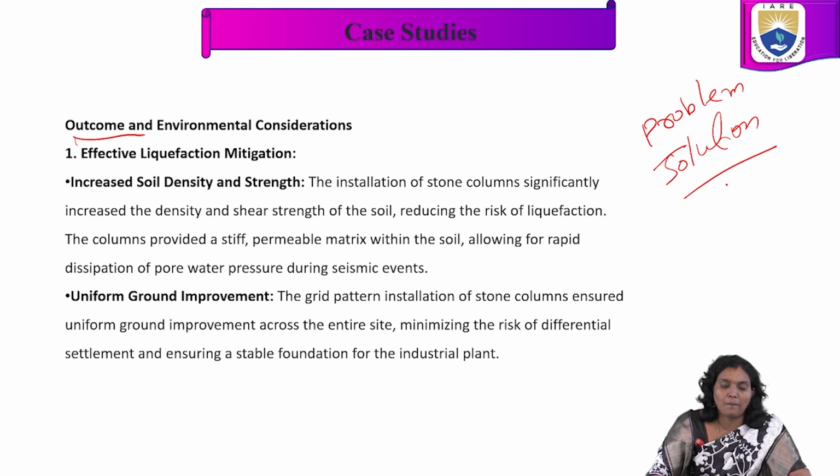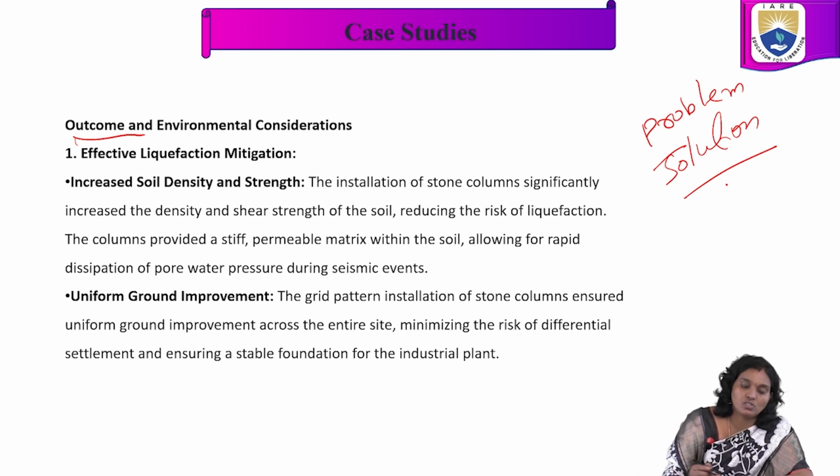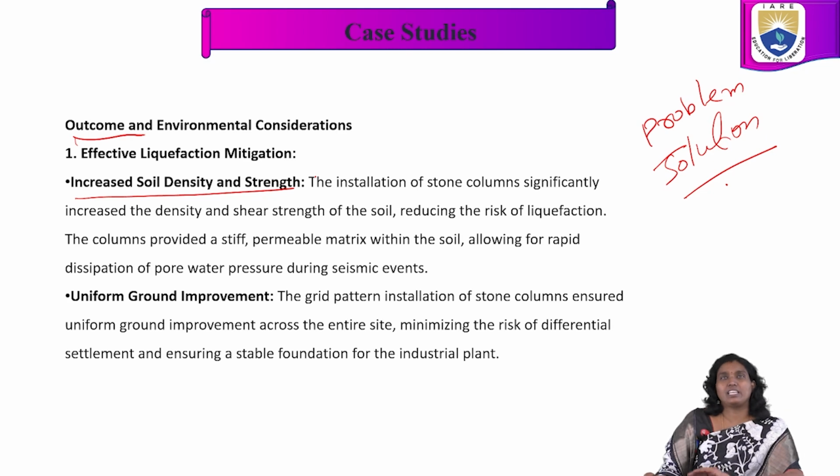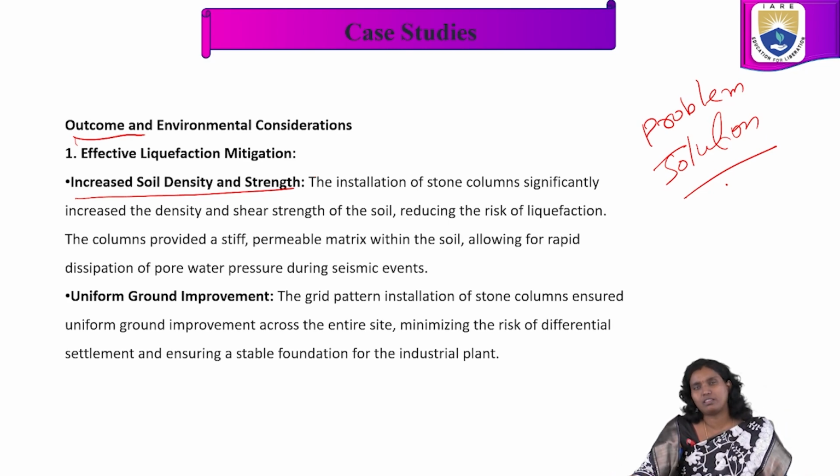Here the outcome is effective liquefaction mitigation, with increased soil density and strength. We are getting more strength for the soil, which is required. Once we are done with all the tests and the installation process of the stone column, what is the final outcome we get?